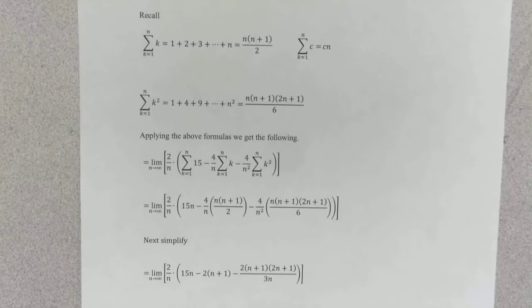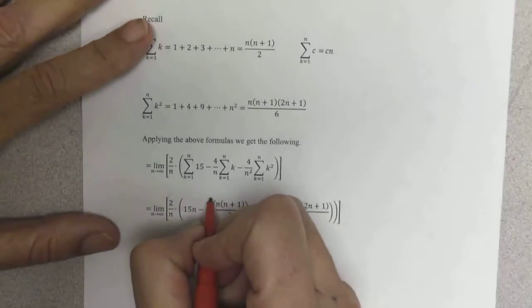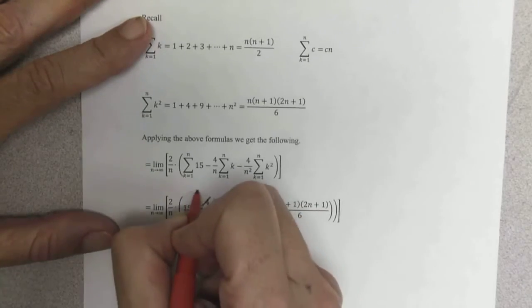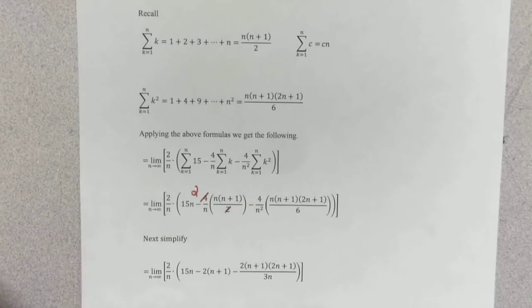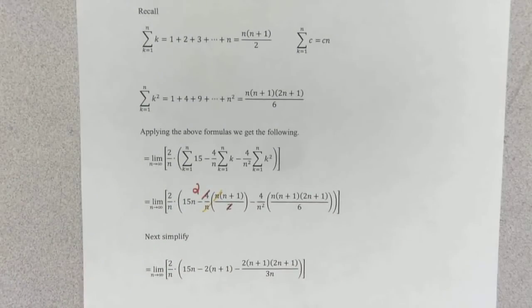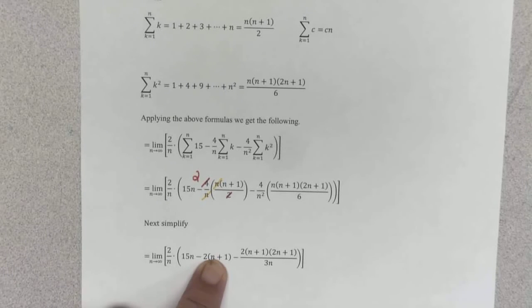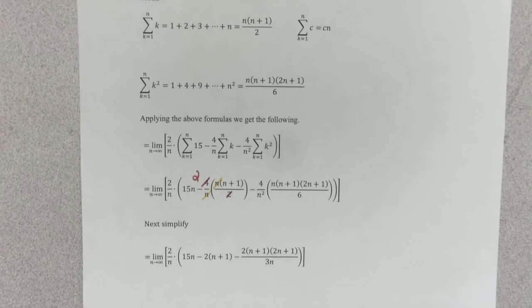Now back to just algebra. Simplify, simplify, simplify. So on this first one, from here to here, the 4 and the 2 canceled, leaving 2. And the n's just canceled out entirely, leaving me 2 times the quantity n plus 1.